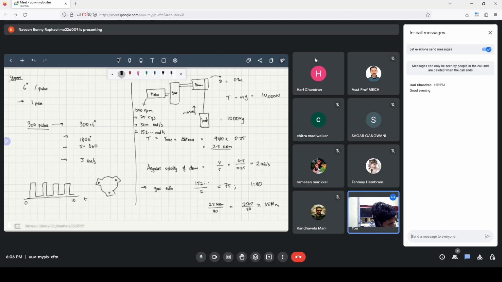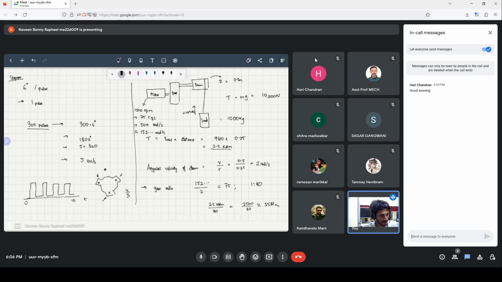If the Hall effect sensor is here, it will give an output whenever the magnetic region comes close. The first time it comes close is when this one reaches, then later when this reaches, and when this reaches, and then this reaches again. So in 10 seconds, this has rotated 4 by 3 times.